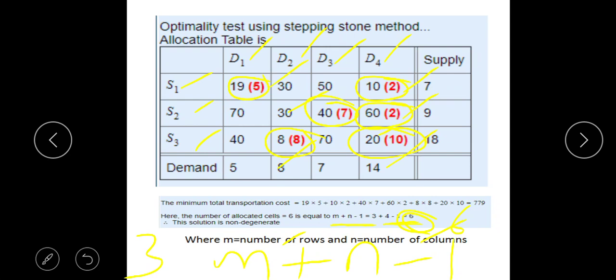What is the formula? The number of allocations made must be equal to m plus n minus 1. m is number of rows, n is number of columns. If both the values are equal, then that solution is non-degenerate and we can find an optimal solution for that problem.